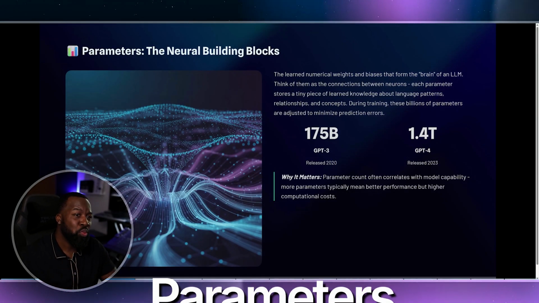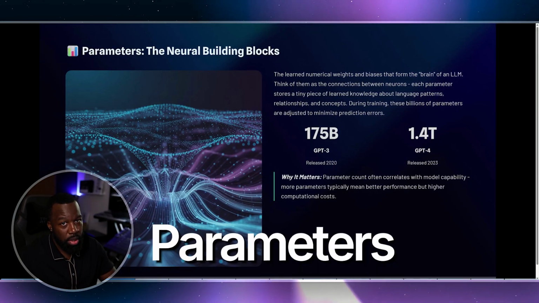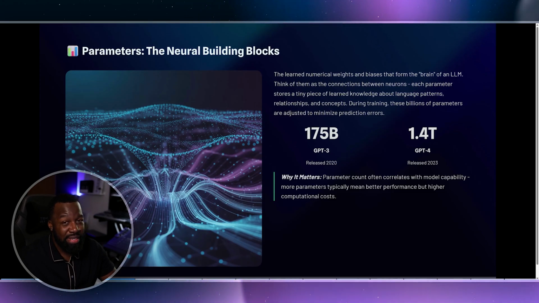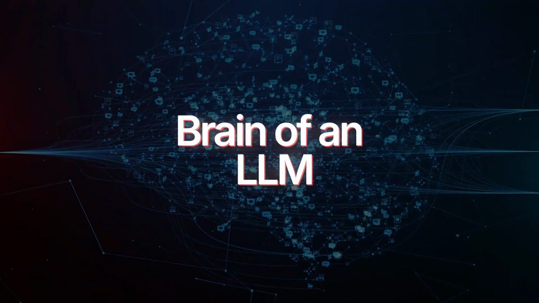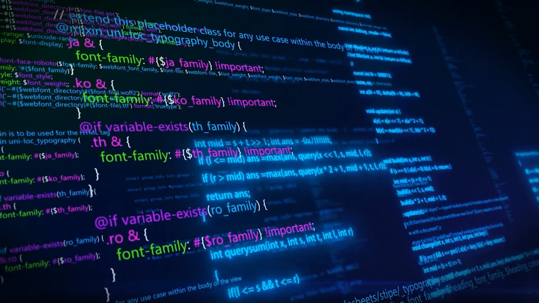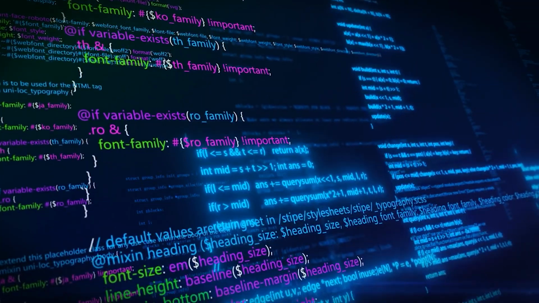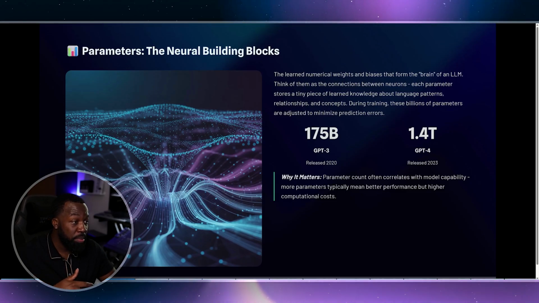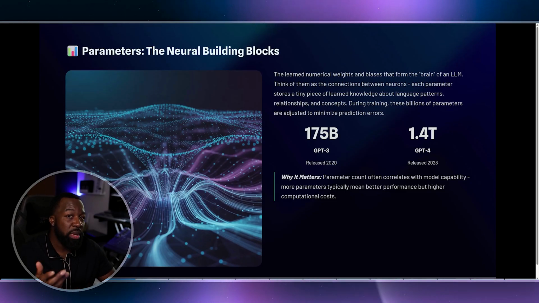Moving on to parameters, the neural building blocks. Parameters are the learned numerical weights and biases that form the brain of an LLM. You can think of them as connections between neurons. Each parameter stores a tiny piece of learned knowledge about language patterns, relationships, and concepts. During training, these billions of parameters are adjusted to minimize prediction errors.